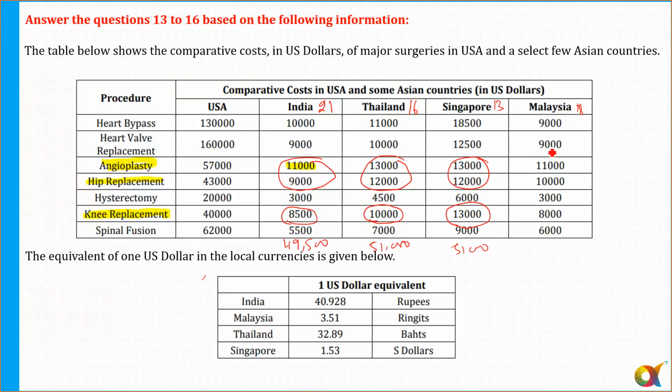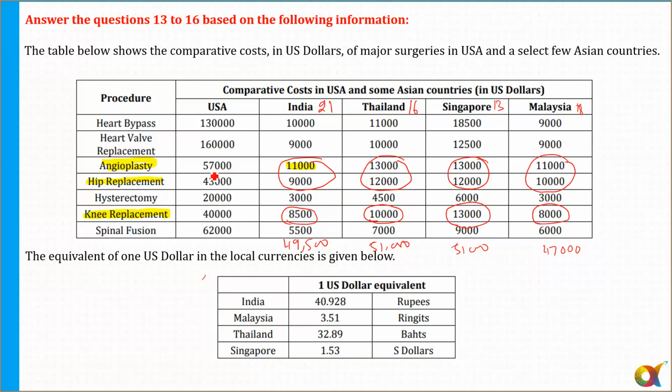They are the same. And in Malaysia, 11,000 plus 10,000 will be equal to 21, and 21 plus 8 is equal to 29, 29 plus 10 is 39, 39 plus 8 is equal to 47,000. So as of now, it is 47,000.